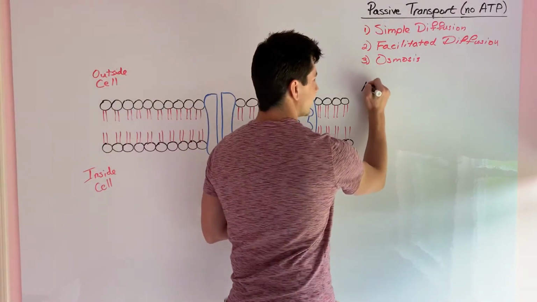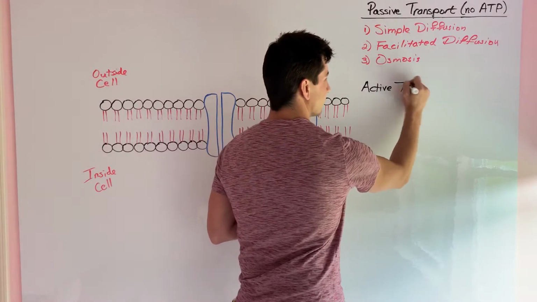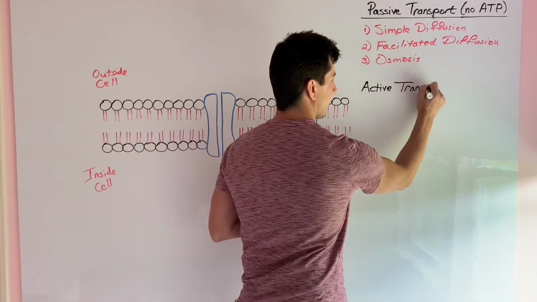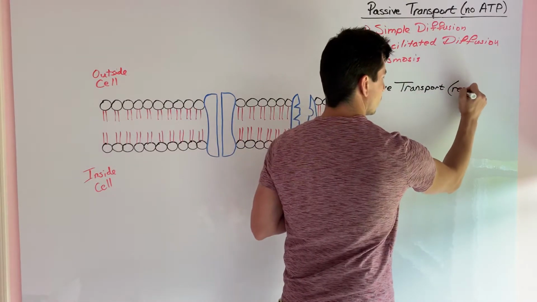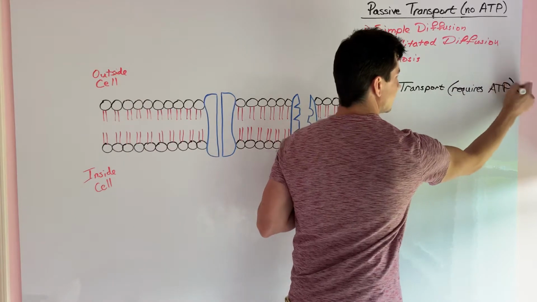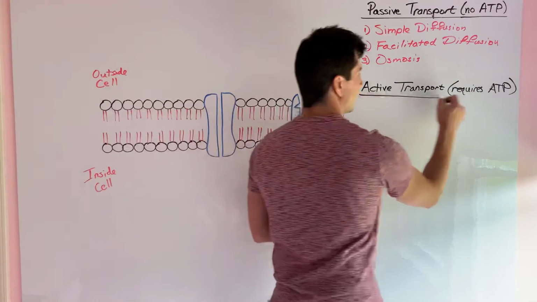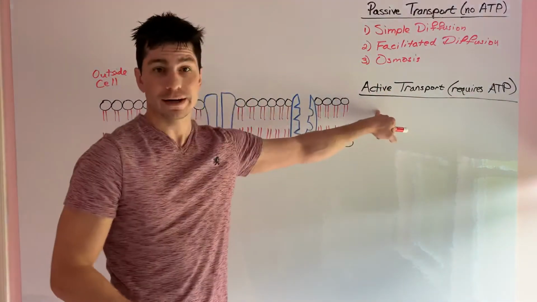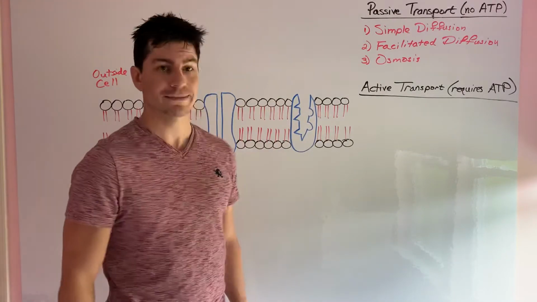Our second type of transport is called active transport. And this one requires ATP. So active transport, we need ATP for that. I don't even have to number any of them because we are only going to have one type of active transport.